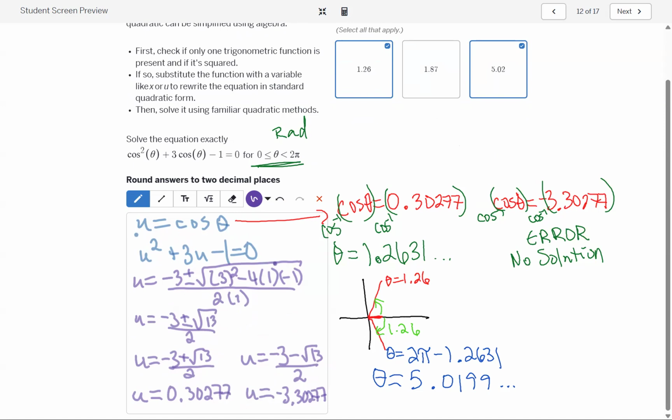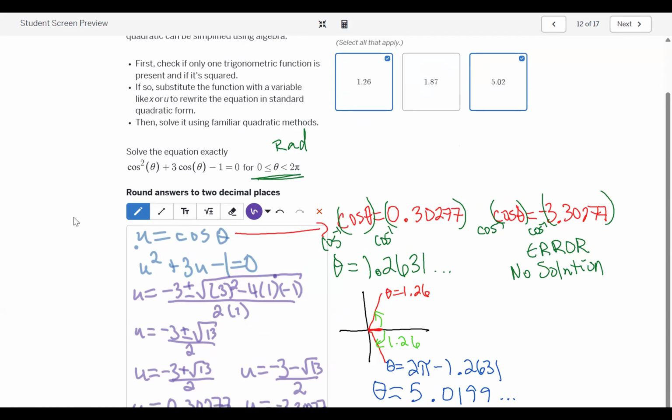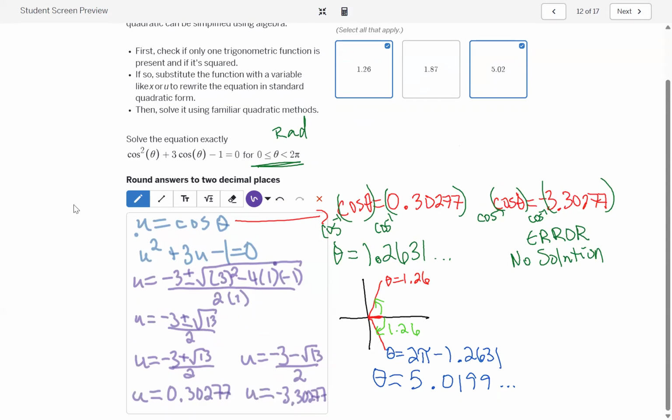Now this is one of the ways it can get crazy. It could have been a little crazier because the negative 3.03 could have been an actual number, and then we would have had 2 more answers over there. But in the real world, this is more likely what would happen.